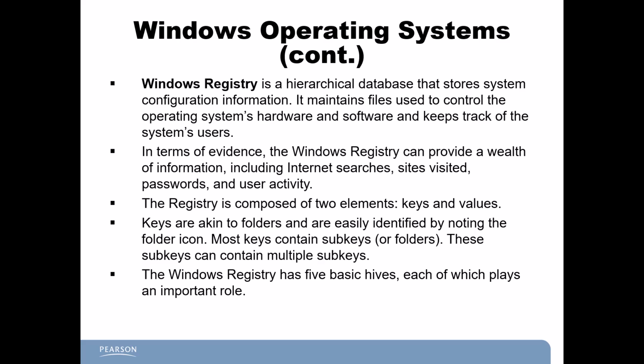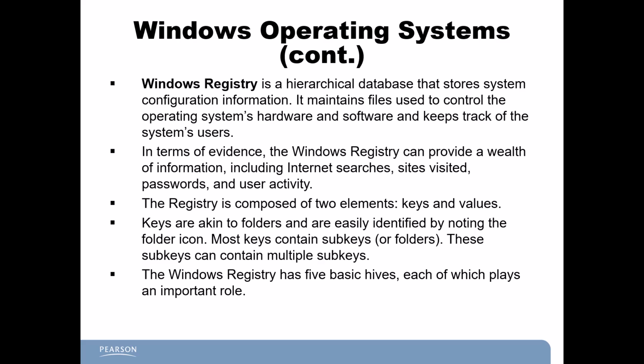In terms of evidence, the registry can provide a large wealth of information, including internet searches, sites visited, passwords, and common user activities in conjunction with other items. The registry has 2 main elements, a key and a value.